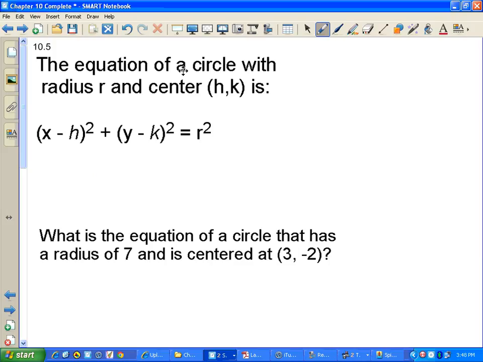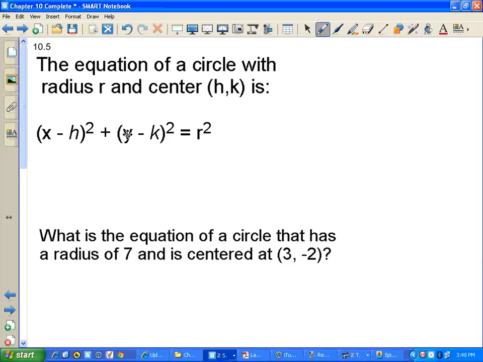So the equation of a circle with a radius of r and a center of h comma k. So this is just some point that tells us where our center is. This is how these things all relate together. So x is our variable, y is our other variable, and what we're going to do is take x and subtract the x coordinate of our center, and square that quantity.